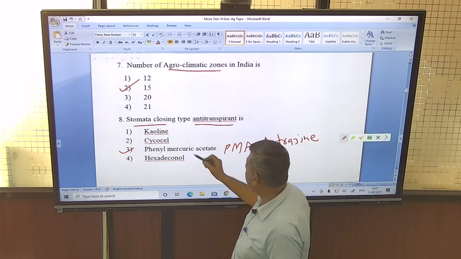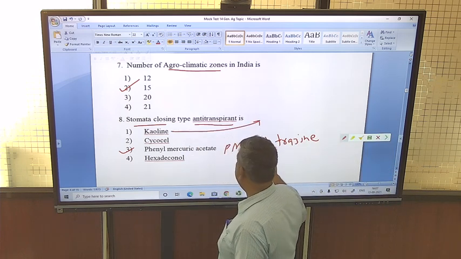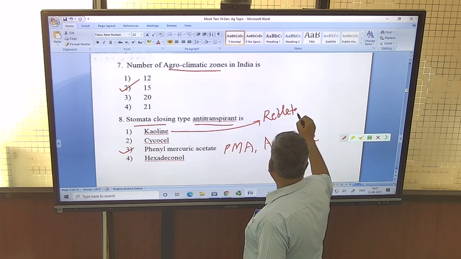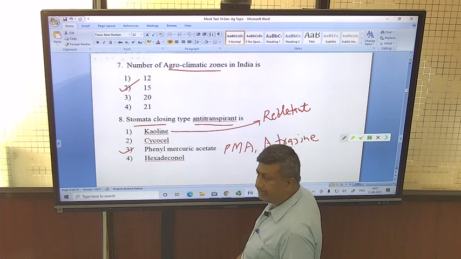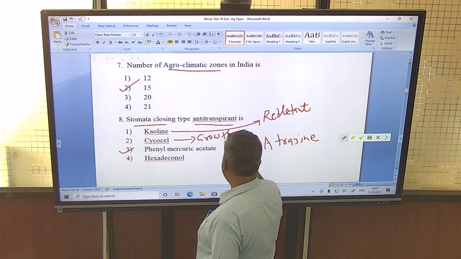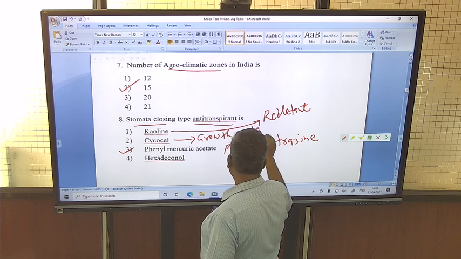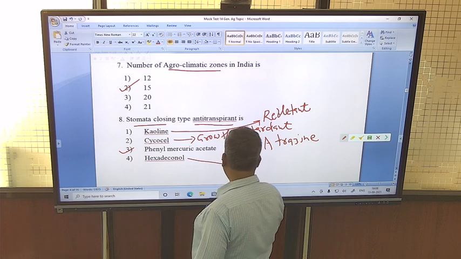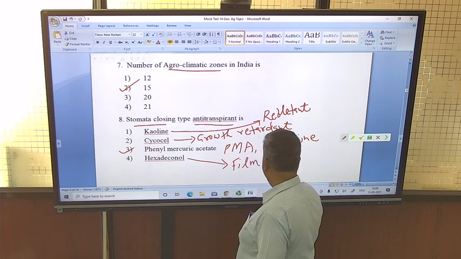And kaolin is reflectant type. It increases the reflectance of sunlight. Cycocel is a growth retardant, it reduces the growth. And hexaconazole is film forming type.